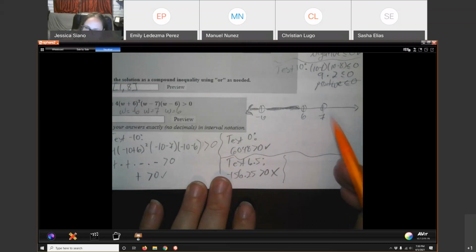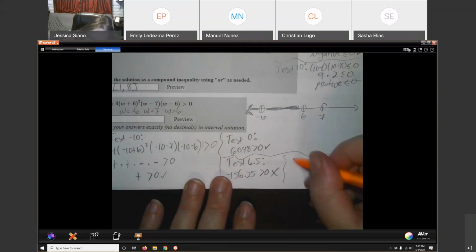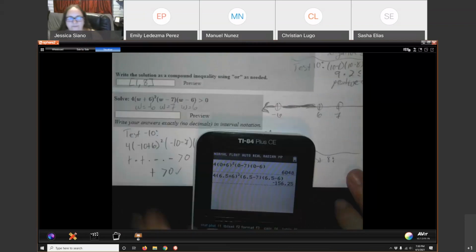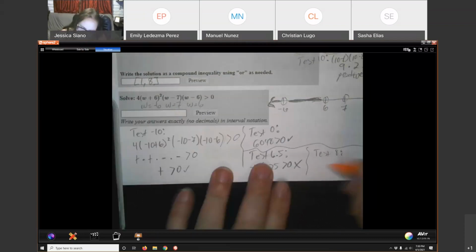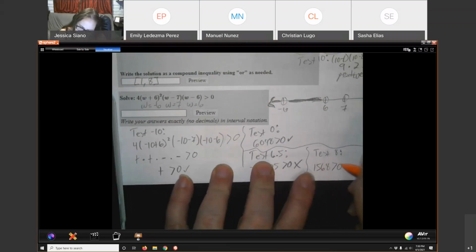And then my last test value will be a number greater than 7. How about 8? So I'm going to shade in that section of the graph as well.